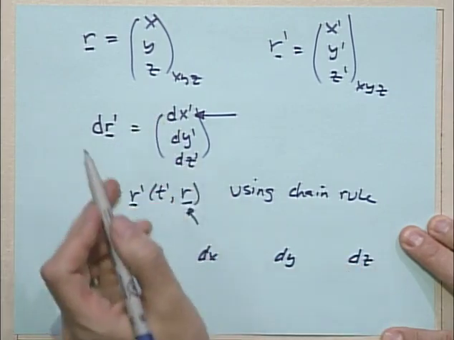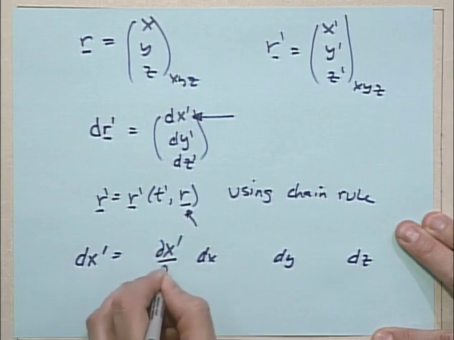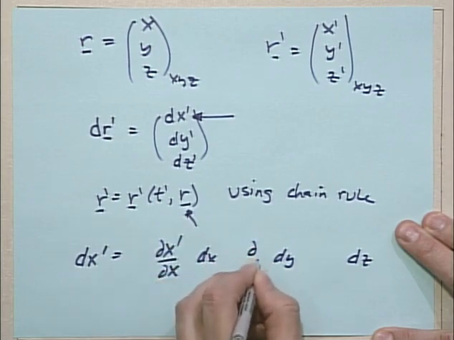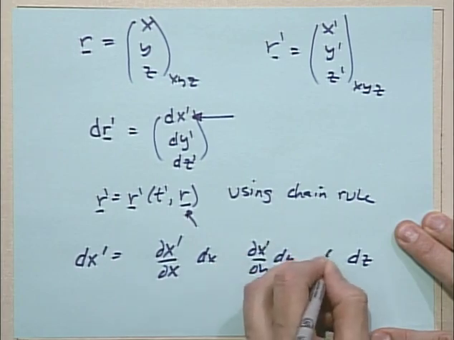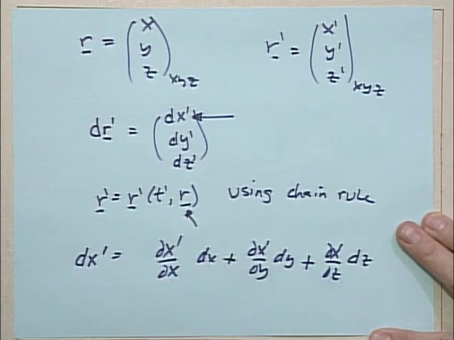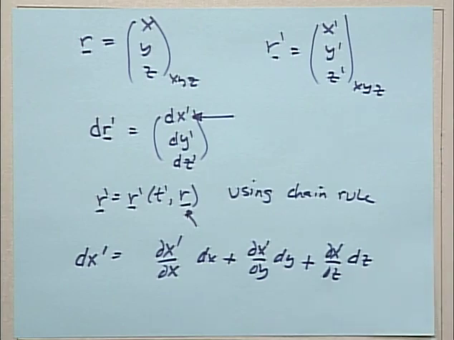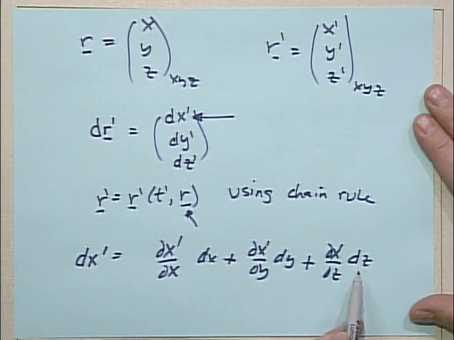Because x prime is a function of r. And so this is partial x prime partial x dx, partial x prime partial y dy, partial x prime partial z dz. Because the position at time t prime is a function only of what particle you're talking about and time, okay?